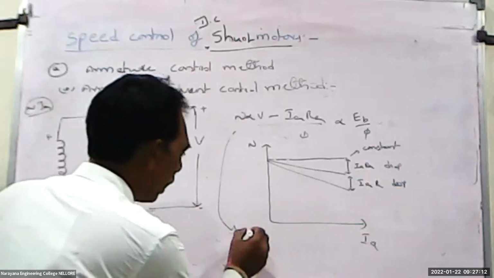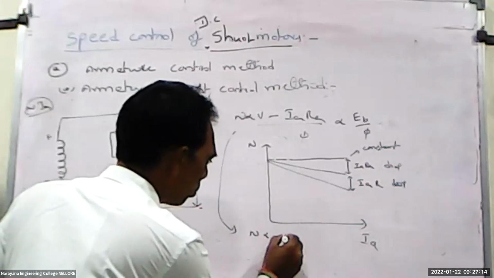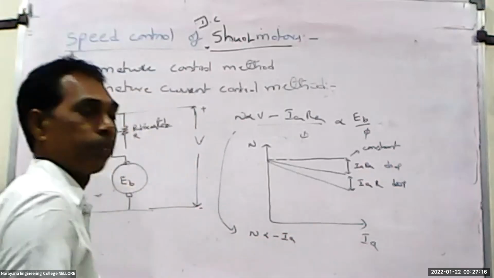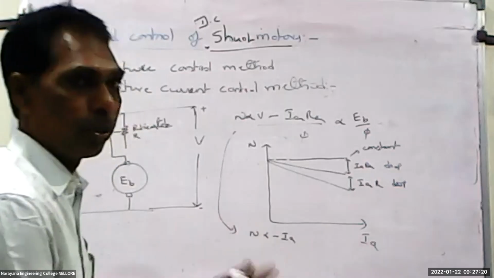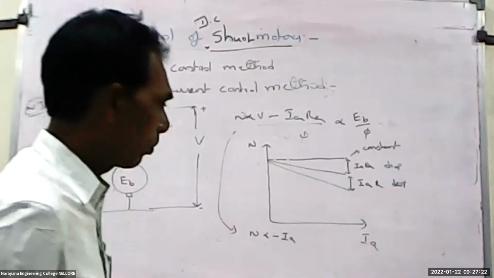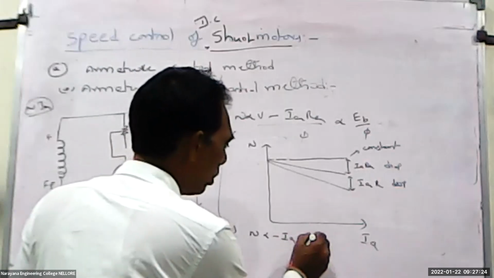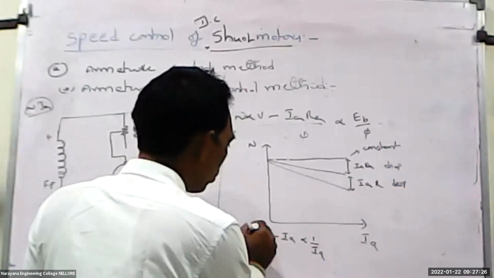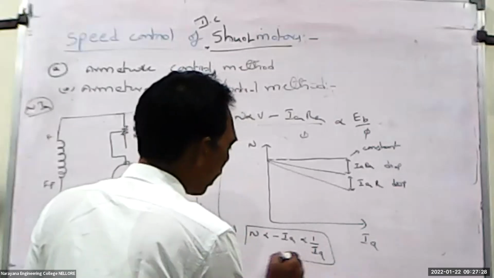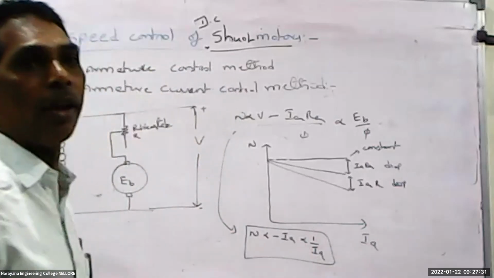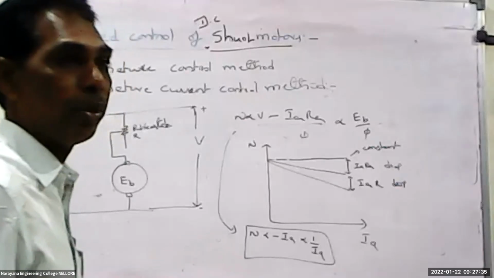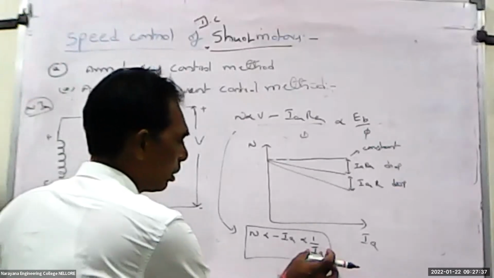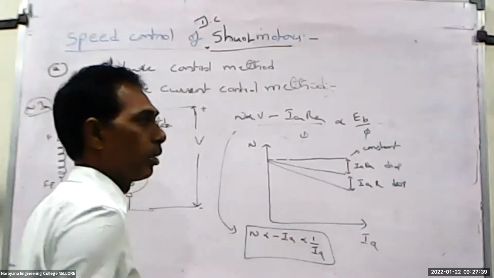N is directly proportional to minus Ia, and minus means it is inversely proportional. But here armature current is always at maximum value, so if Ia is maximum, speed is very less.